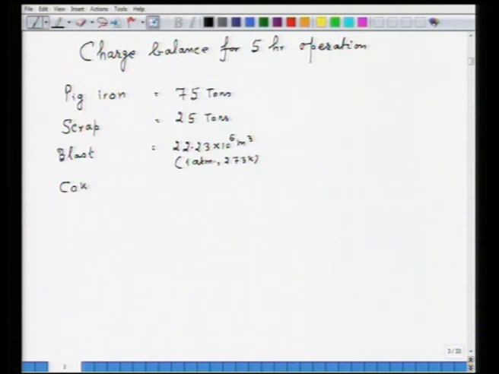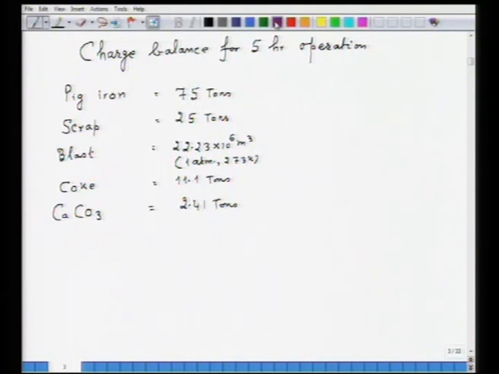Coke, we will be needing 11.1 tons, and calcium carbonate, that will be equal to 2.41.